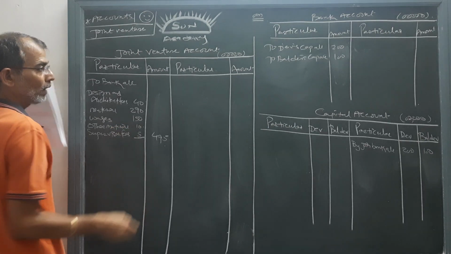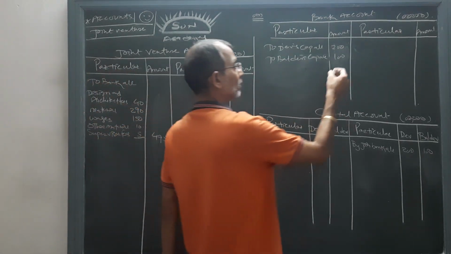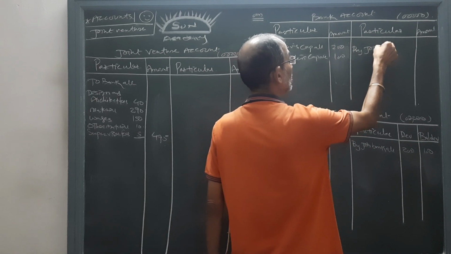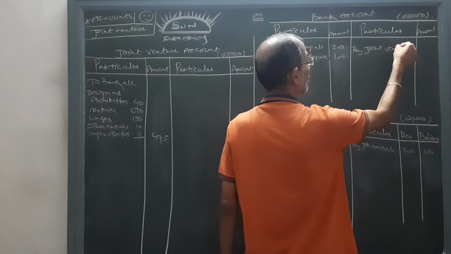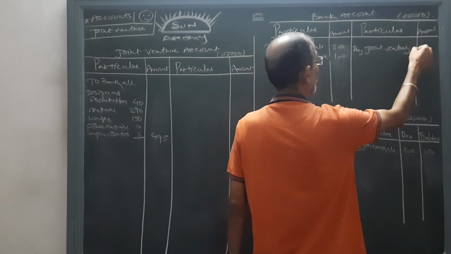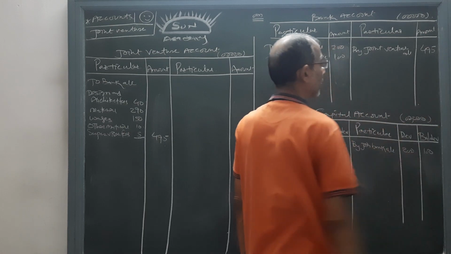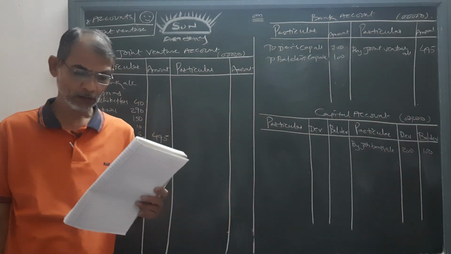On the credit side of the joint bank account, by joint venture account 495.